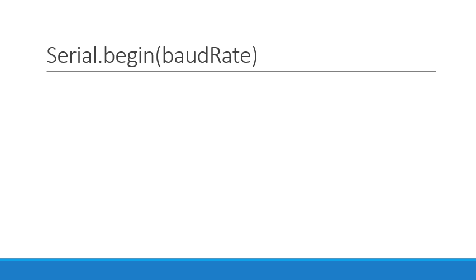The Serial.begin function. To start with, let me put this as a note of warning. Anytime you want to use the serial monitor, please do not forget to use the Serial.begin function to set the baud rate. What this does is that it initializes your serial monitor.